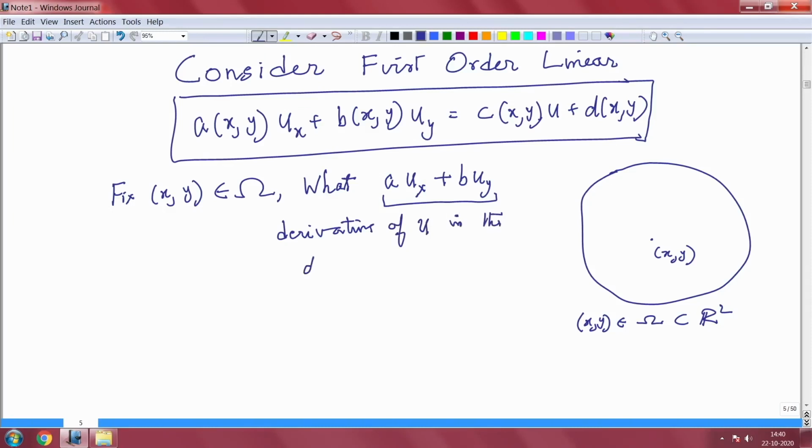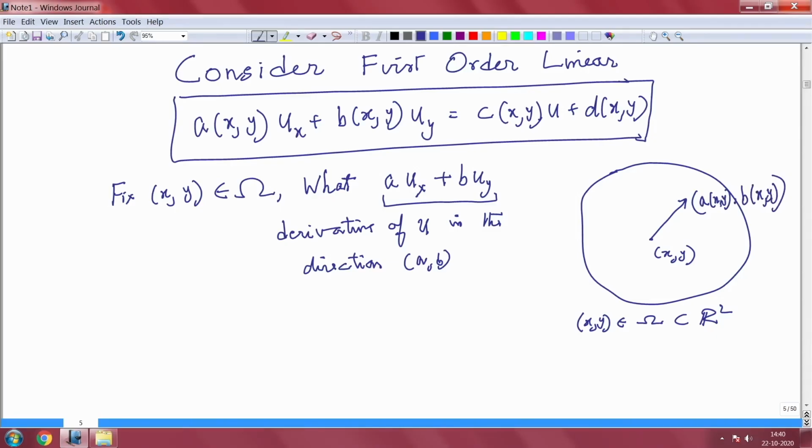When (x,y) is fixed, you will have a vector direction, given by (a(x,y), b(x,y)), which is data given to you.